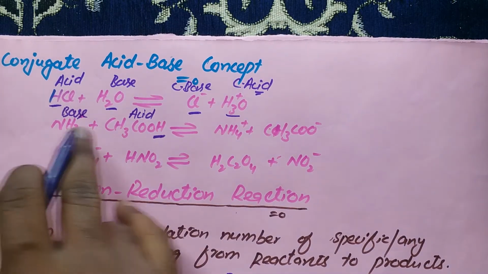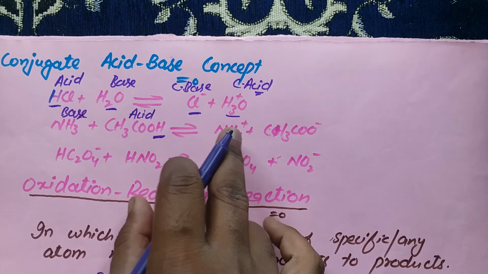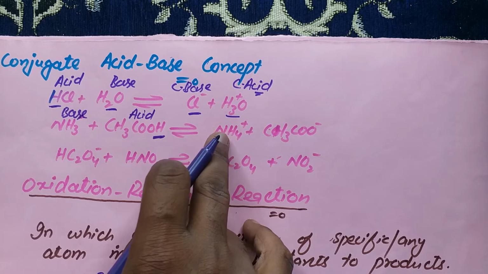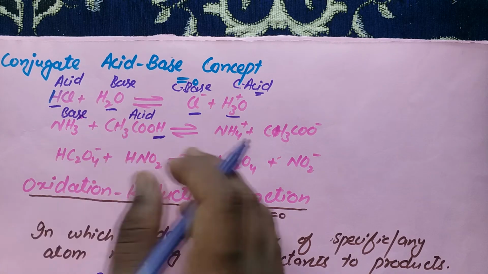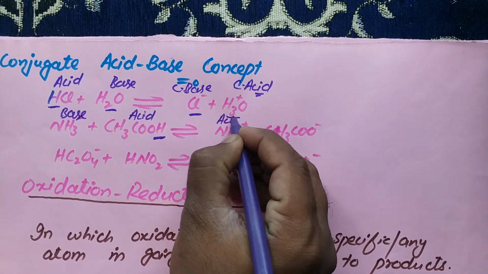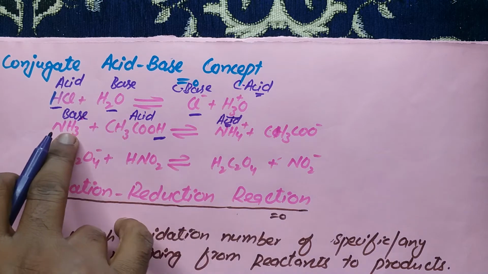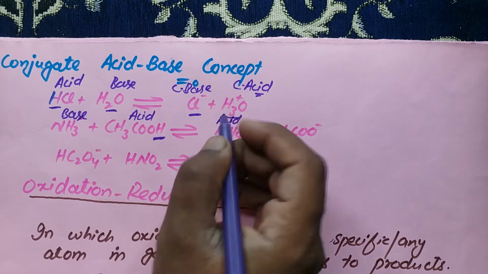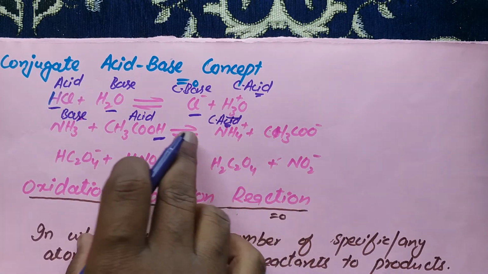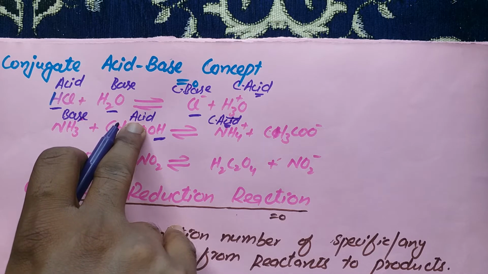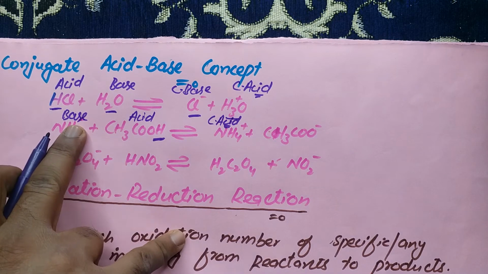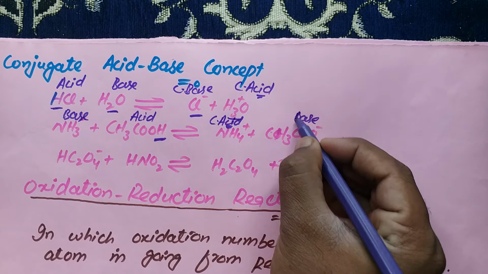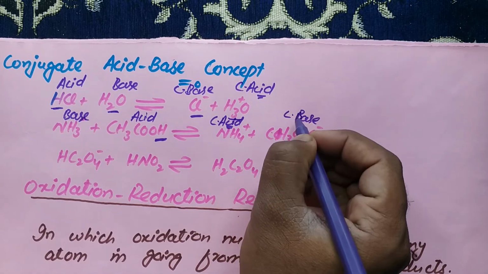NH3 accepts a proton and becomes NH4 positive, and NH4 positive can now give a proton. Proton giving is an acid property, so it becomes acid. It comes from base, so it is a conjugate acid. क्लियर हो जाएगी बात. देन उसके बाद acid will donate proton and it becomes base. Now it can accept a proton, so it is base and it is also a conjugate base.